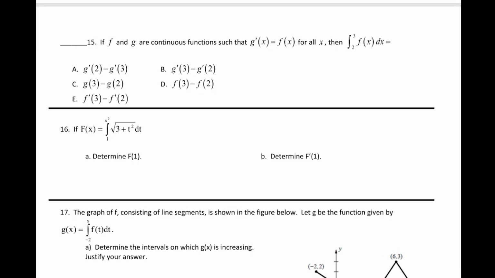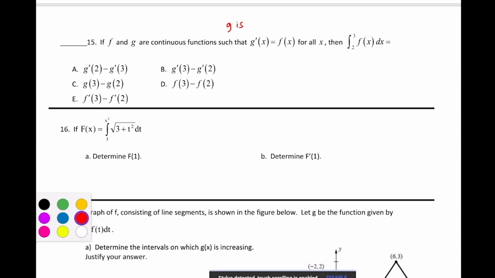Number 15 says, if f and g are continuous functions such that g prime is f, so another way to interpret that is that g is the antiderivative of f, then what is the integral between 2 and 3 of f of x dx?